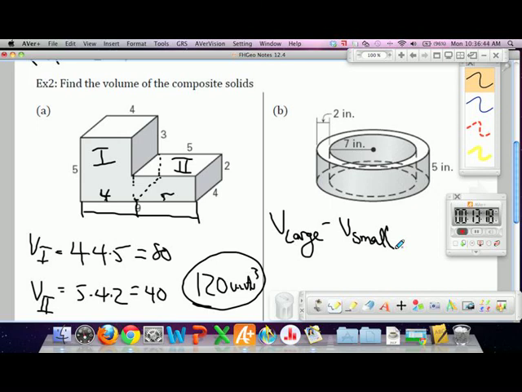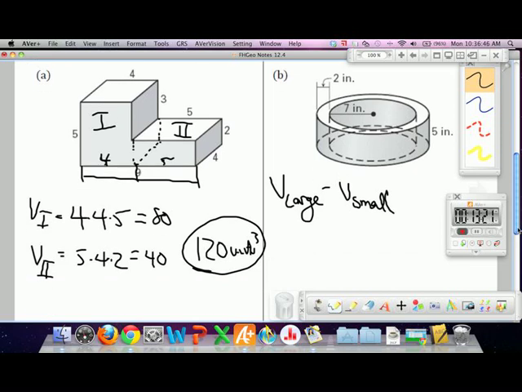Which ends up being, let's see, the volume of the large cylinder is pi times the radius squared times the height, which is 5. The radius of the large cylinder should be 7 plus 2, which is 9. The volume of the small cylinder is pi times its radius, 7, squared, times its height, which is still 5.